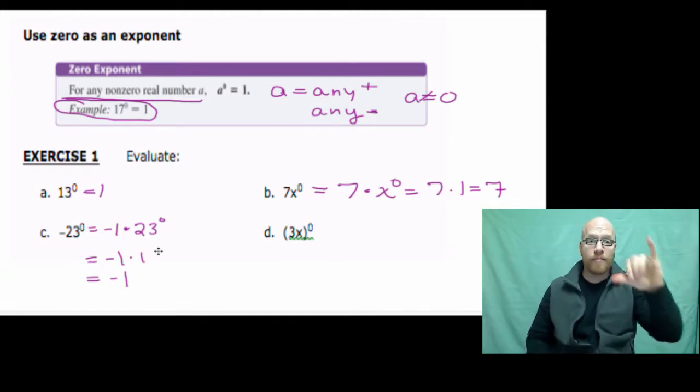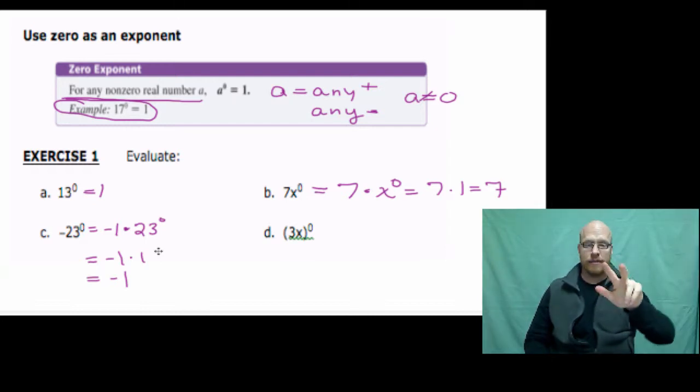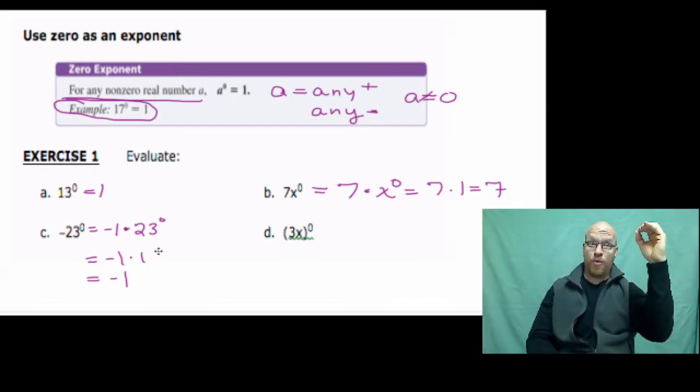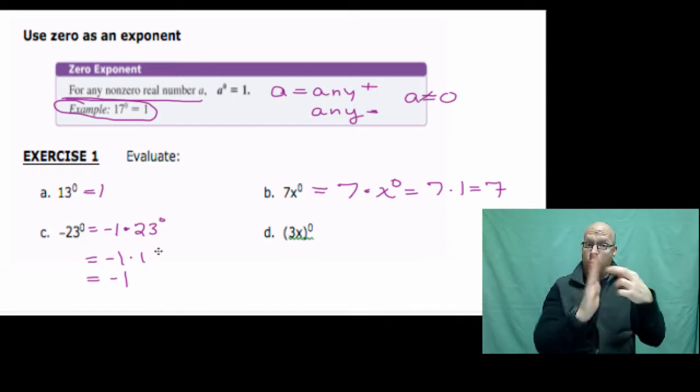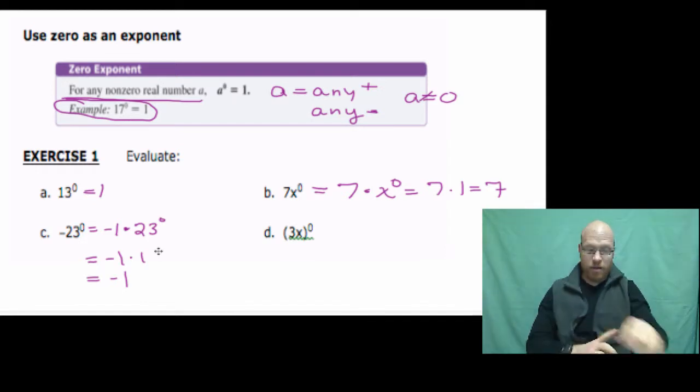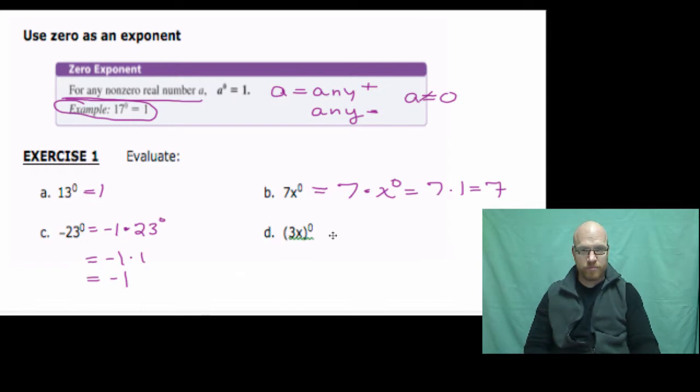Now we'll look at the D. 3x in parentheses raised to the 0 power. Now we follow the power rule. We've discussed in previous vlogs that both the x and the 3 are raised to the 0 power.